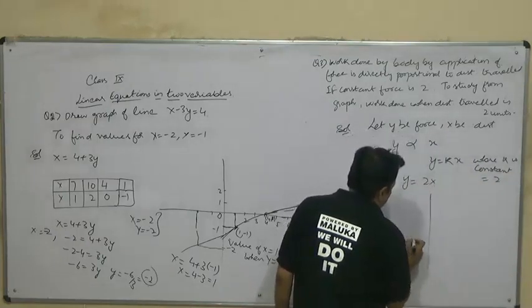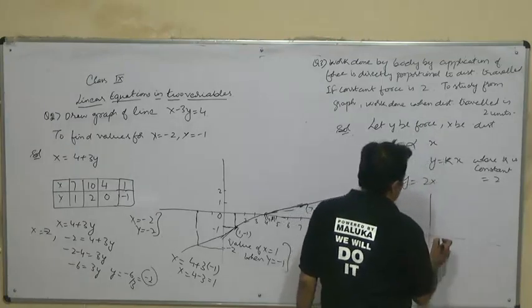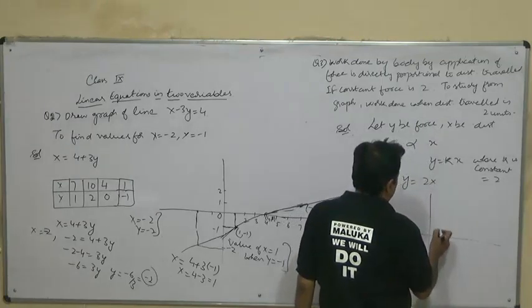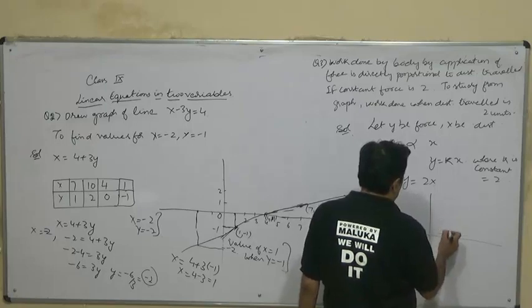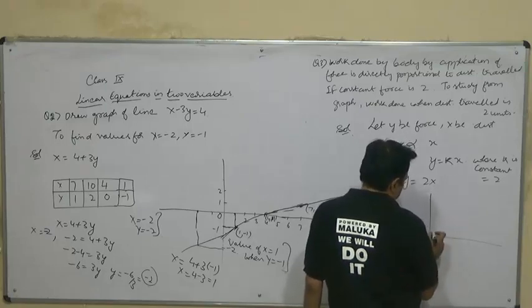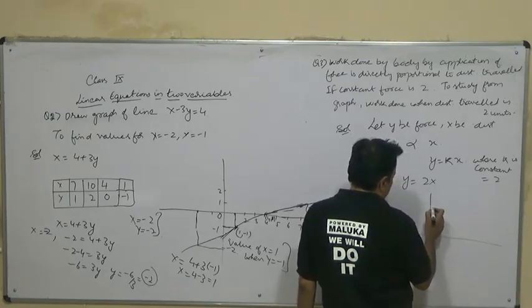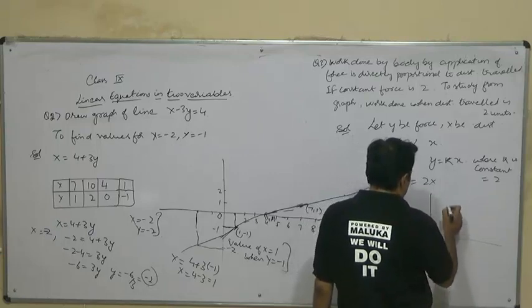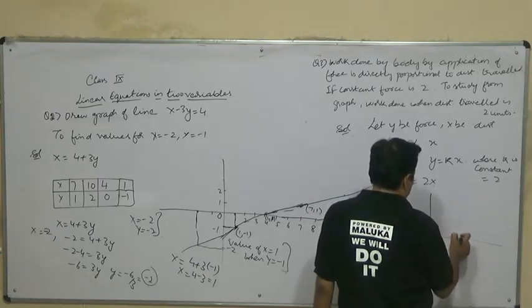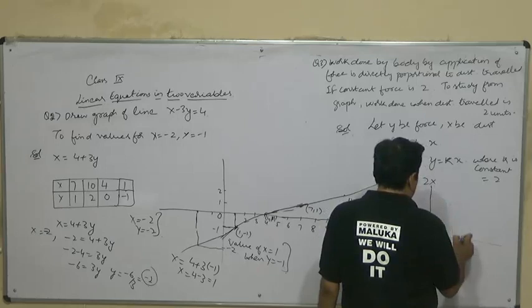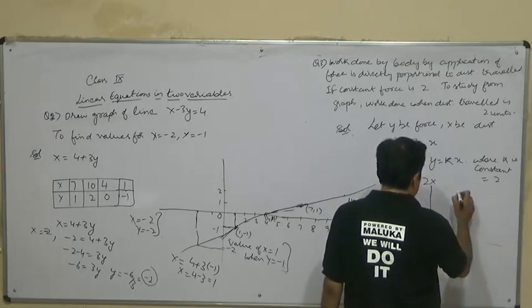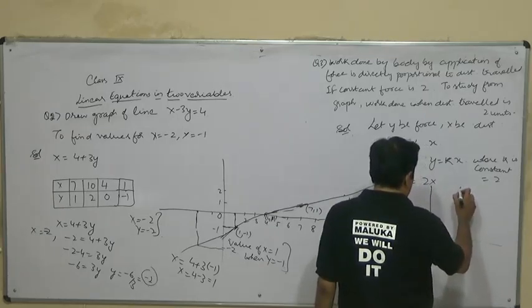If we draw the graph for y is equal to 2x, for 1 it is 2, for 2 it is 4 here, for 3 it is 6. So we can join these points.